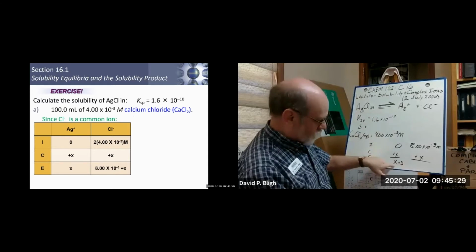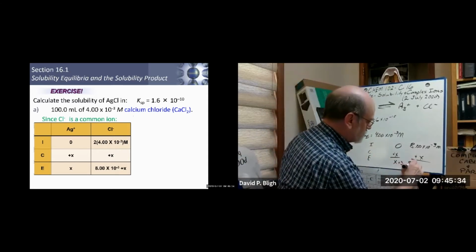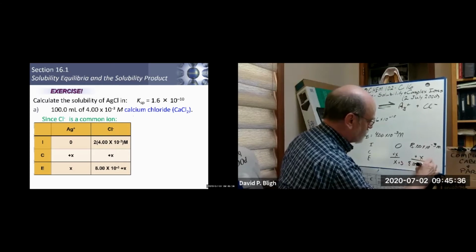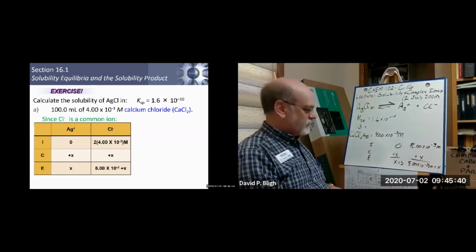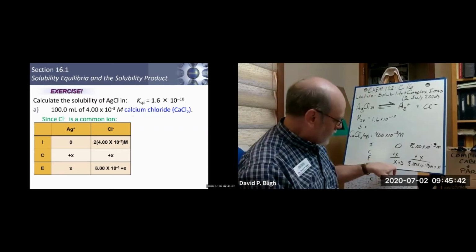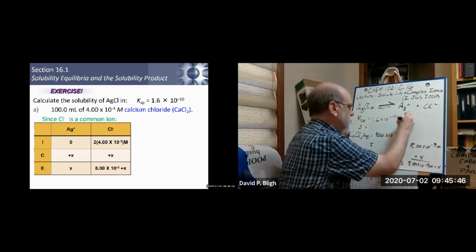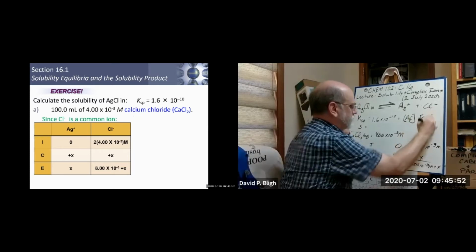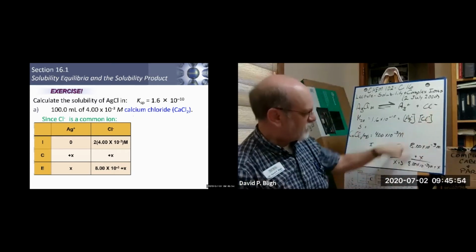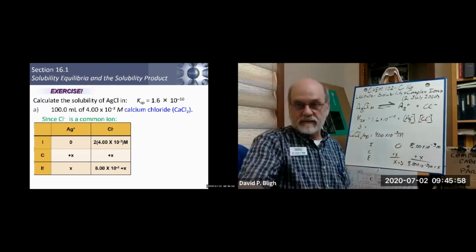Right? So we chose our X correctly. And then this is 8 times 10 to the minus third molar plus X. Okay? So there are two terms that go into the expression here. There you go. Just plug those in there and solve for the X or the S.